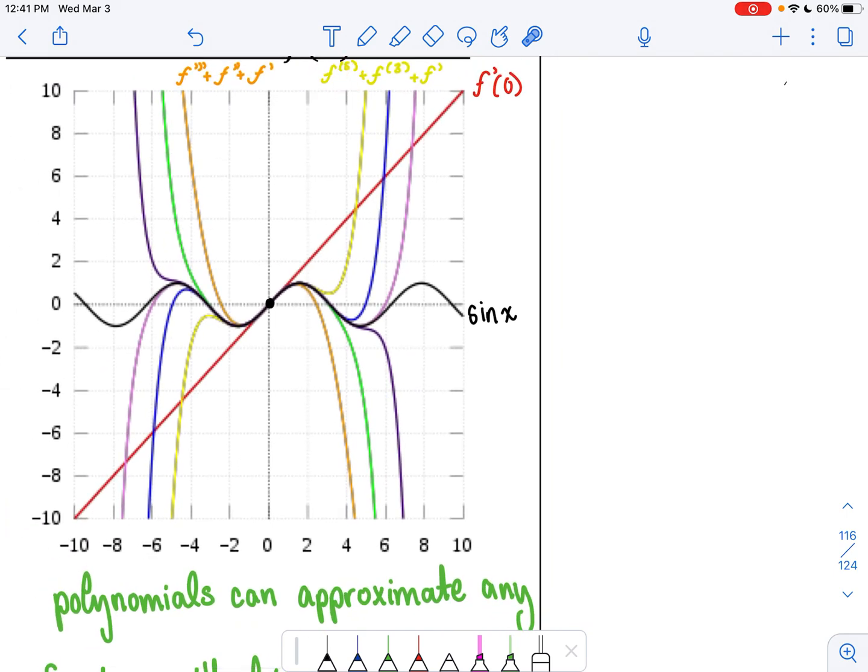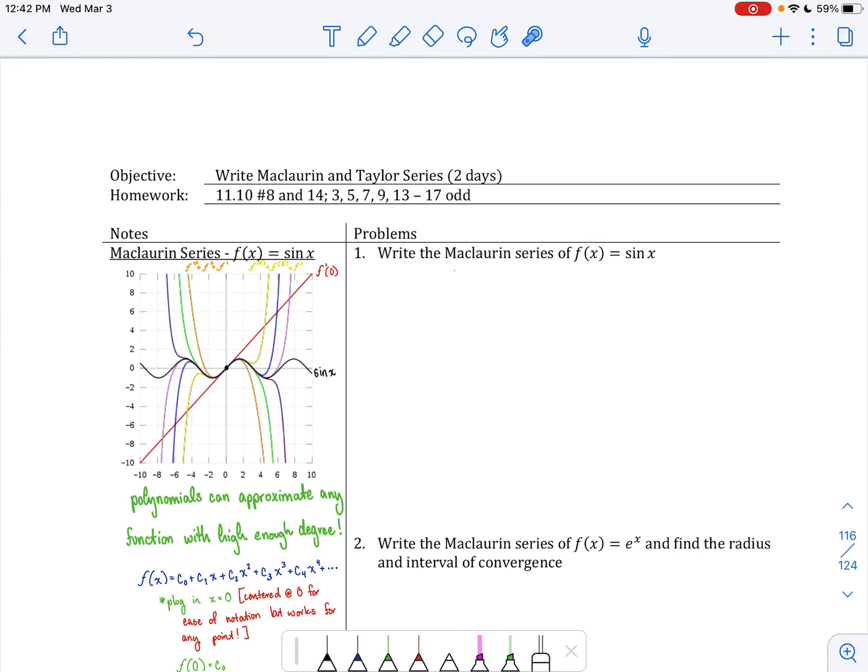We then have a 5th degree polynomial. And we can see that that's getting pretty good. It's a good approximation all the way out to about here. The next one would be a 7th degree polynomial. And you can see as the degree goes up and up, we get an increasingly better approximation.